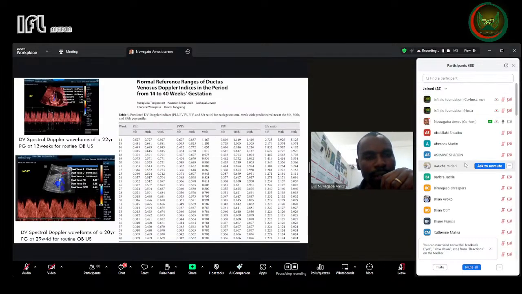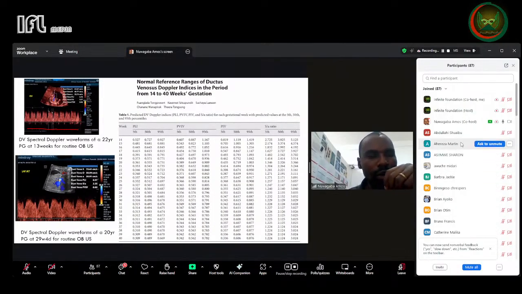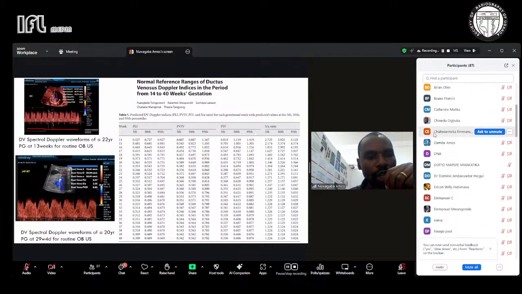So whatever you do, you have to match it against established reference values, because what can be normal in the first trimester can really be abnormal in the third and second trimester, and therefore you need a reference table for you to be able to interpret your results.